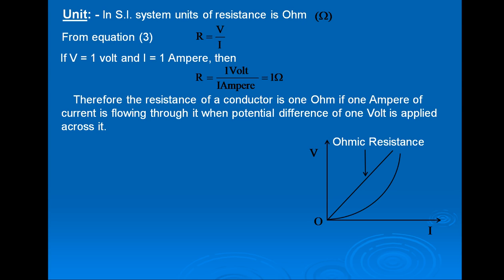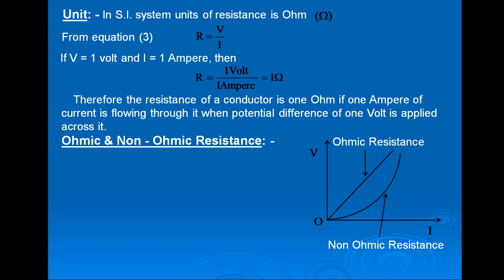And if the graph between V and I is not a straight line, that type of resistance is called non-ohmic resistance, as it does not obey Ohm's law.